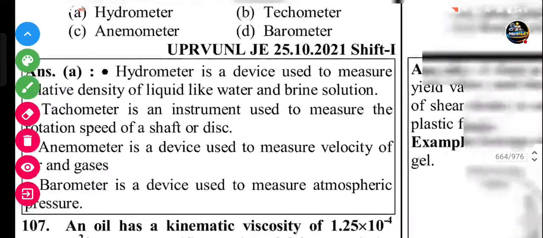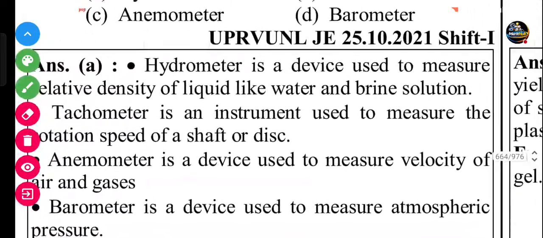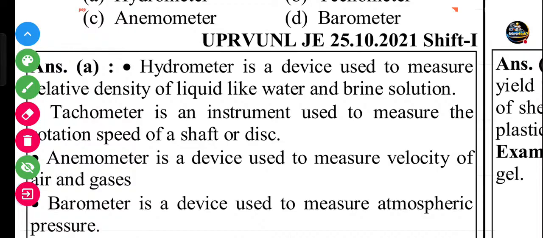Let's check. A hydrometer is a device used to measure relative density of liquids like water and brine solution. A tachometer is an instrument used to measure the rotational speed of a shaft or disc. An anemometer is a device used to measure velocity of air and gases. A barometer is a device used to measure atmospheric pressure.